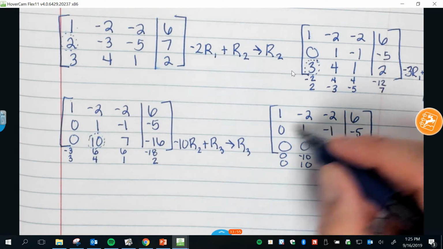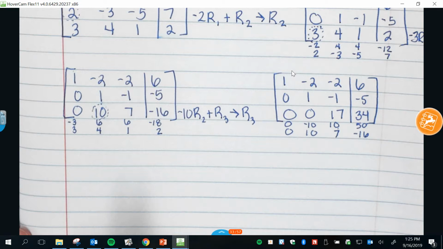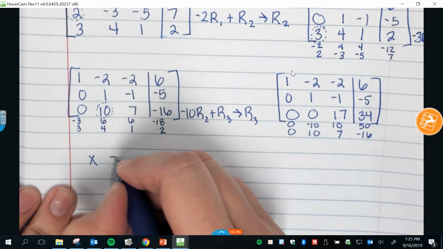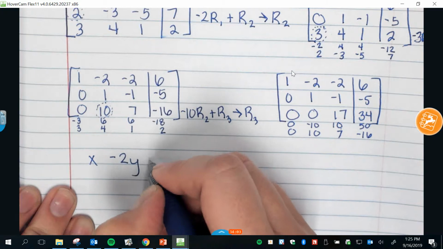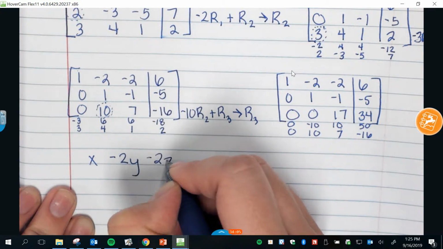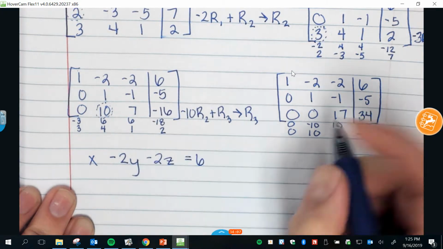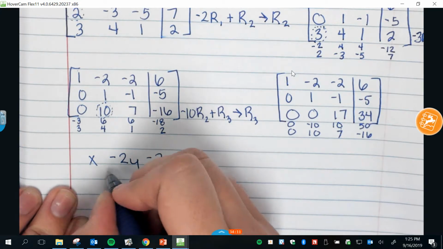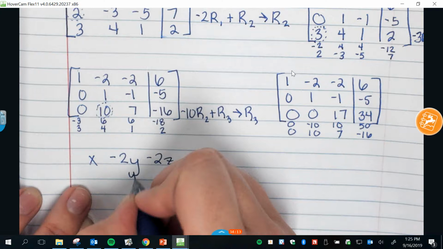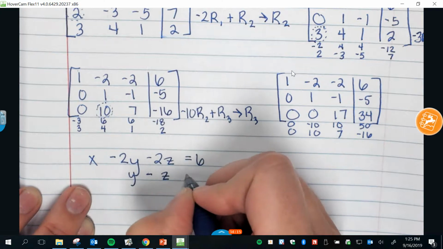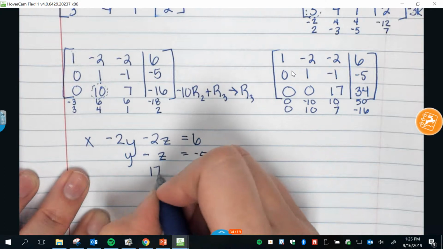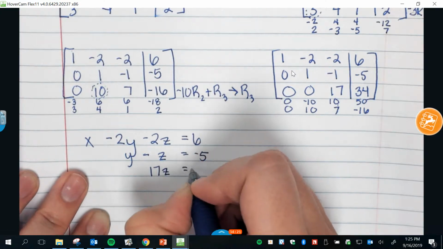We now have something that's easier to solve. The system we have left now is 1x minus 2y minus 2z equals 6. Remember, these are the coefficients, right? 0x, so 1y minus z is negative 5, and 17z equals 34.